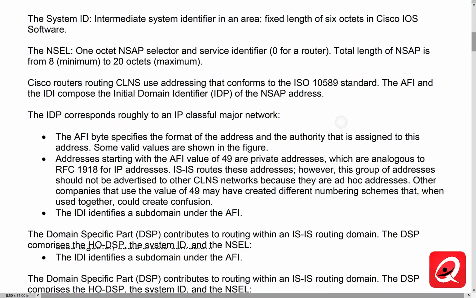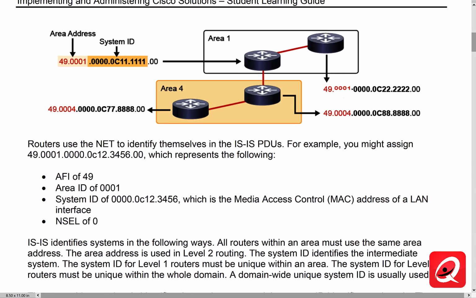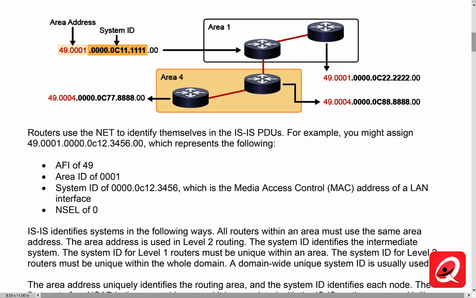All right, so they have a diagram here that kind of breaks down everything that I just essentially described. The area address is 490001, so the AFI in this particular case is 49. The area ID in this case is 0001. So we can tell because of the AFI and the area ID of 490001 and 490004 that we would have to have a layer 2 adjacency, or an L2 adjacency, between those routers because they do sit in different areas.